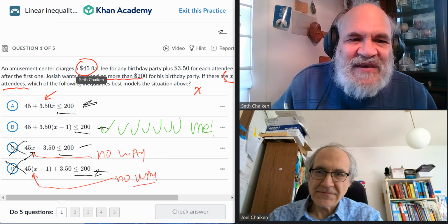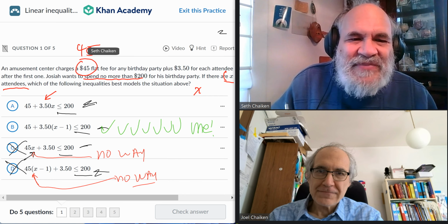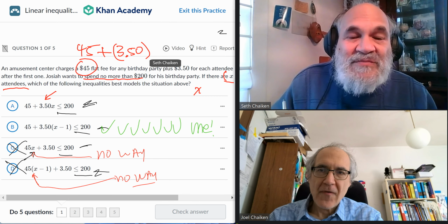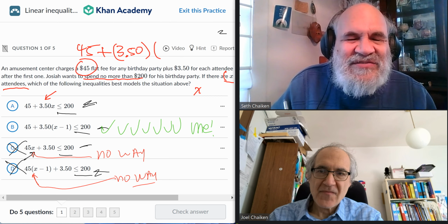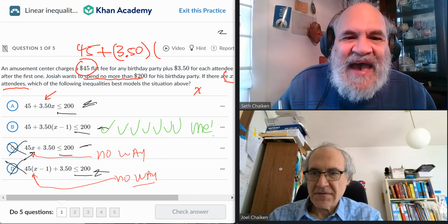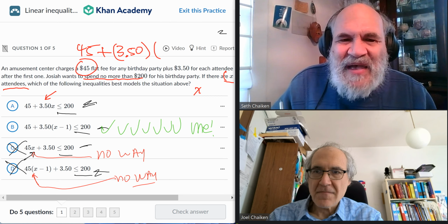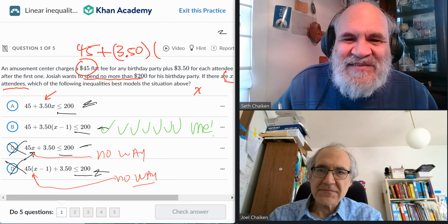There is a flat fee of $45. And then what's added to it is $3.50 times a certain number. And the number is the number of attendees after the first one. x is the number of attendees including the first one, and so the number after the first one is x minus 1.